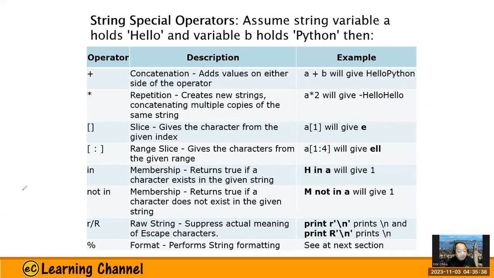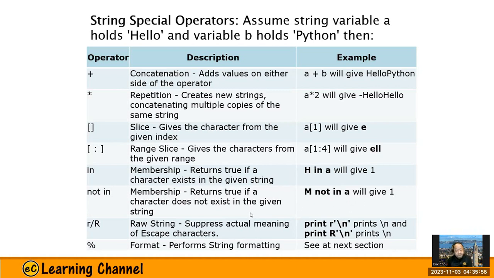The in operator checks if a character is inside a string or not. So H in A will give you true. M in A will give you false. M not in A will give you true.